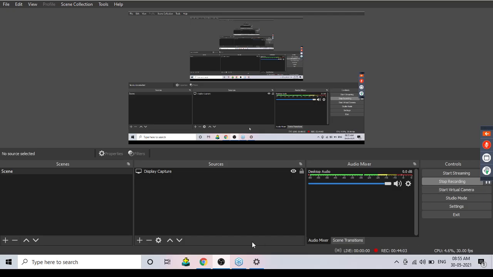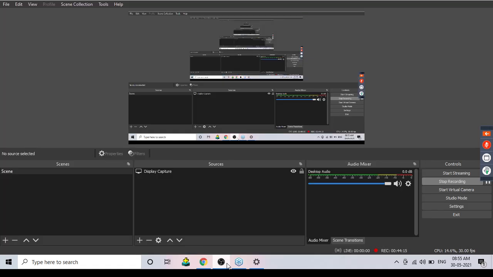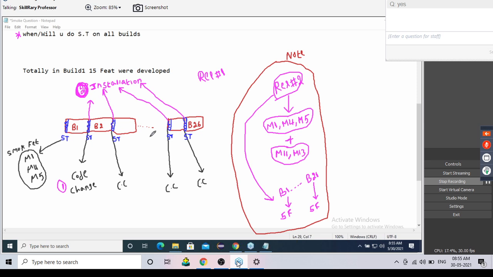Suppose on B20, 25 or 14, we are doing integration system testing. When the new build comes, is smoke testing required or not required? 100% required. Smoke testing and your types of testing, there is no relation.